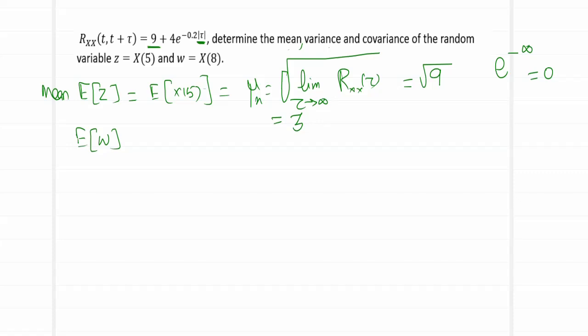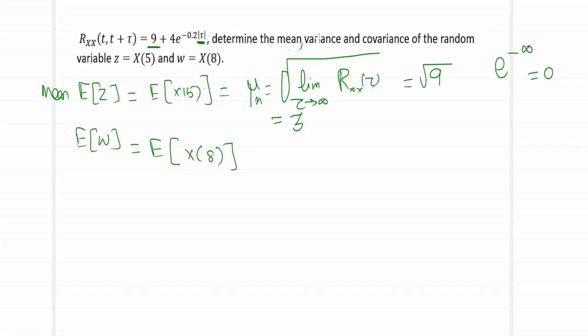Now, what will be E of W? E of W is going to be x of 8. So, how actually have we estimated this x of 5? X of 5 is nothing but the time difference between it. Tau has been given as 5 to me. Okay, so this value will now be the same whether we find it for the variable Z or for the variable W, that is whether it is going to be x of 5 or x of 8.